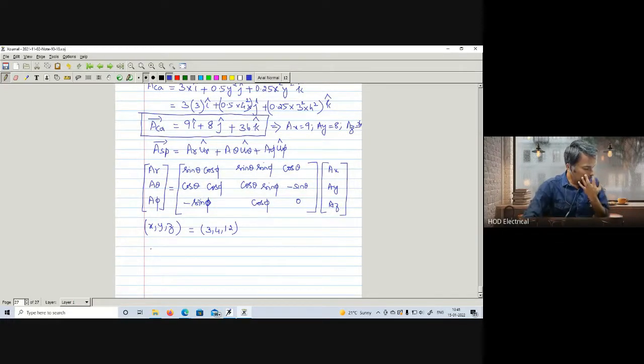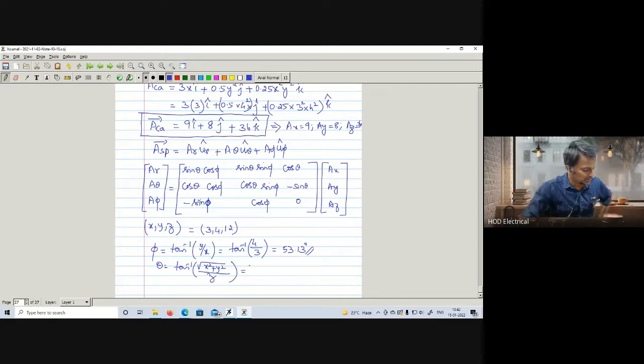Therefore we know that phi can be written as tan inverse of y by x, that is tan inverse of 4 by 3, which is 53.13 degrees. Then theta equals tan inverse of root of x square plus y square divided by z, right?